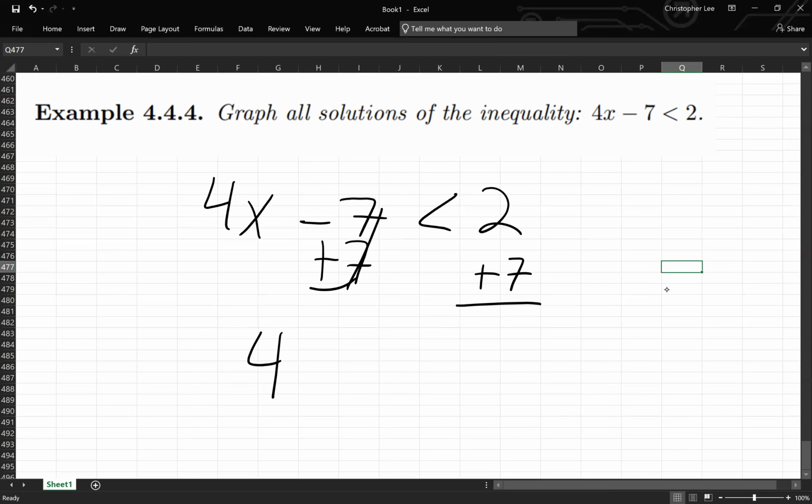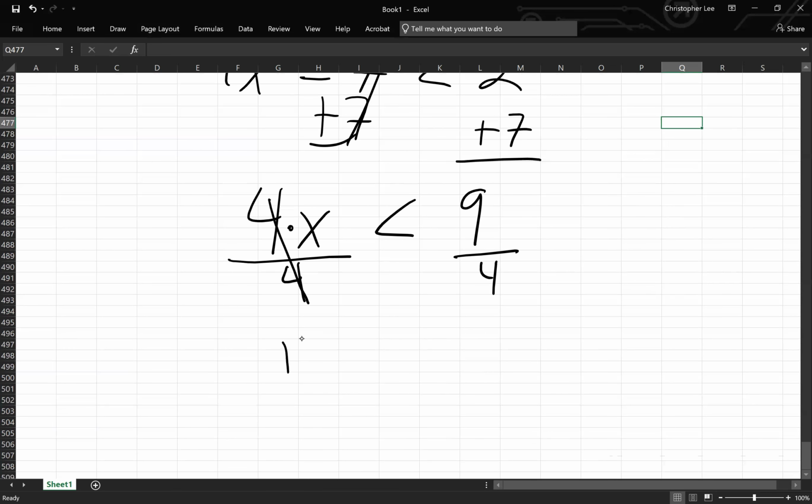Now I got 4x is less than 9. Then I want to get x by itself, but I have a number being multiplied by the x. So I'm going to divide by 4, what I do to one side, do to the other. Now I have x is less than 9/4.